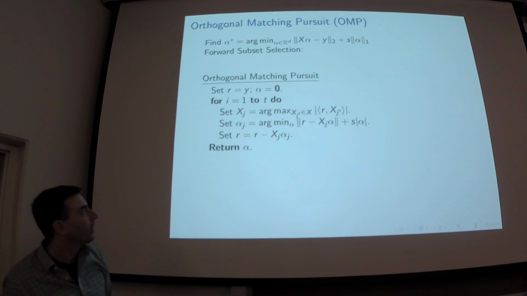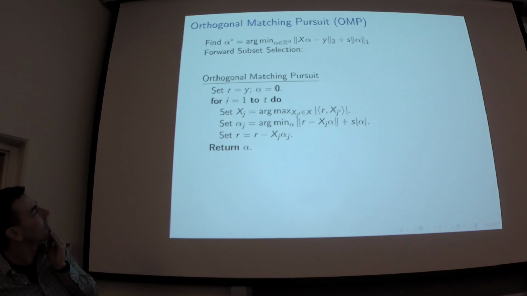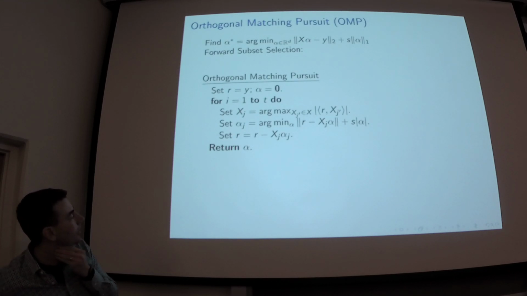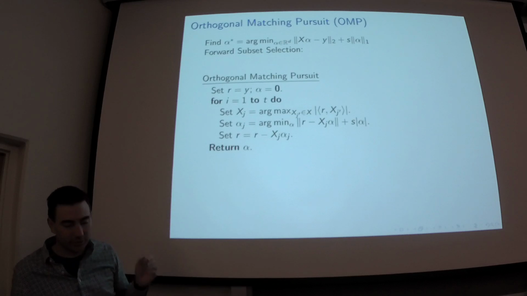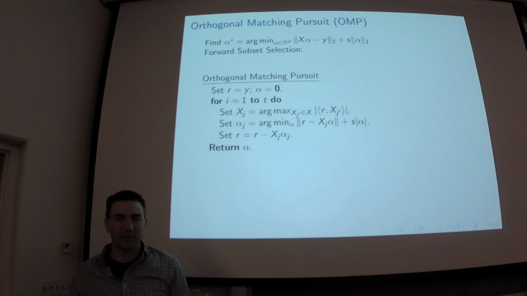In case my handwriting is not too bad, as a backup I've written it up here again. I think this is basically the same thing, the same algorithm. Any questions about how this roughly works?